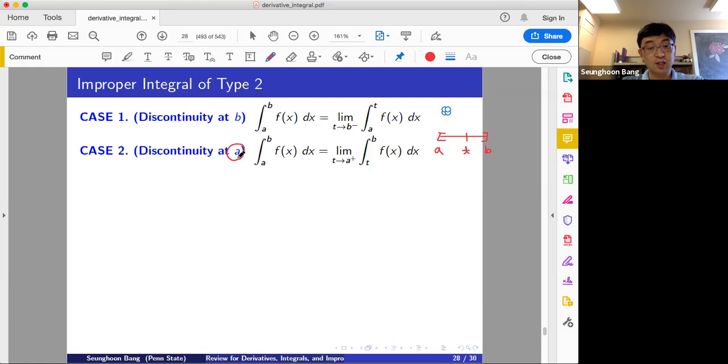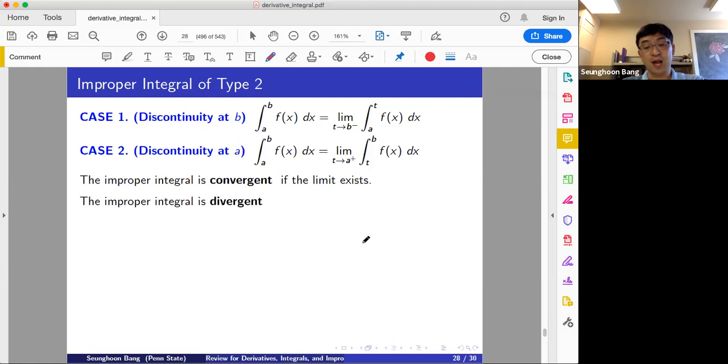We have discontinuity at a, so t approaches a from the right. The improper integral is convergent if the limit exists. The improper integral is divergent if the limit does not exist.